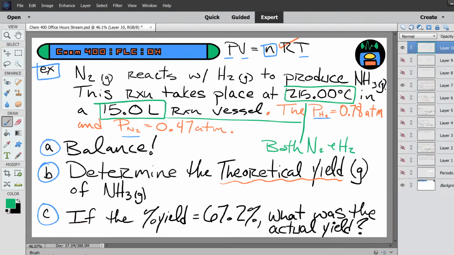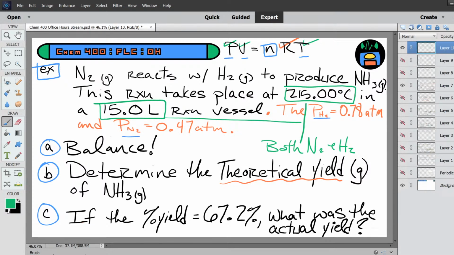Every gas in the vessel is the same temperature, and every gas fills the vessel. A gas is an interesting phase of matter because it fills whatever volume it's stored in. So both of them have a volume of 15.0 liters, and both of them have a temperature of 215.00 degrees Celsius.